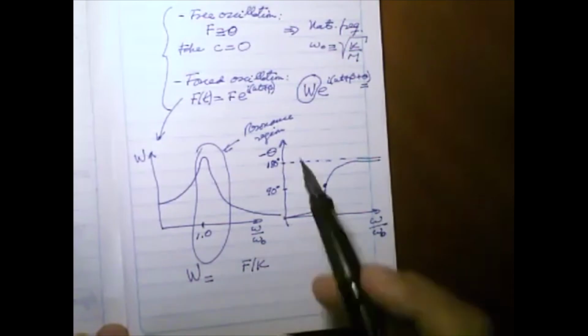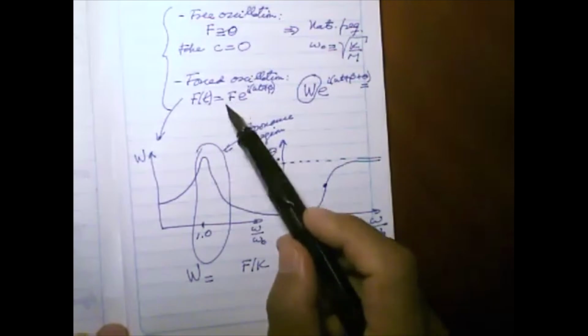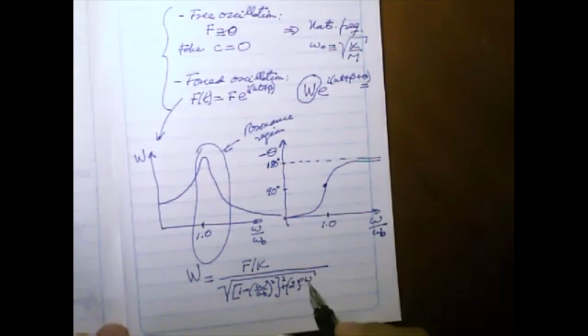Okay, let's remember that. We remember that W is equal to F over K. This is F. K is the constant of the spring. And we divide it by the square root of 1 minus omega over omega 0 squared, all of this squared, plus 2 zeta omega over omega 0 squared.